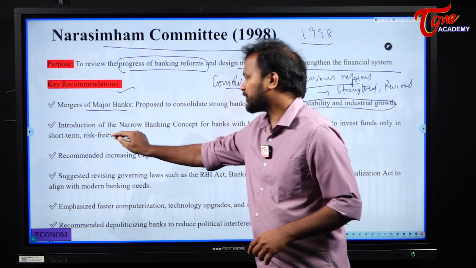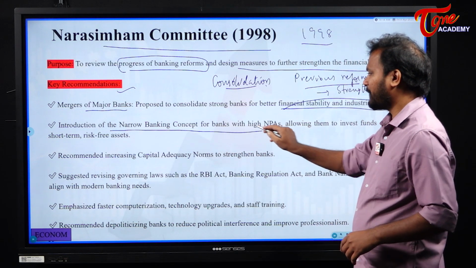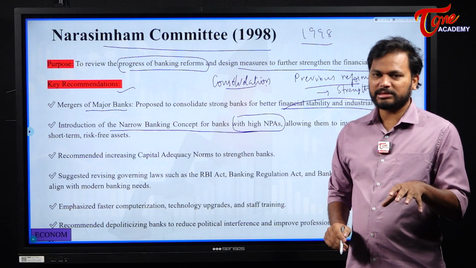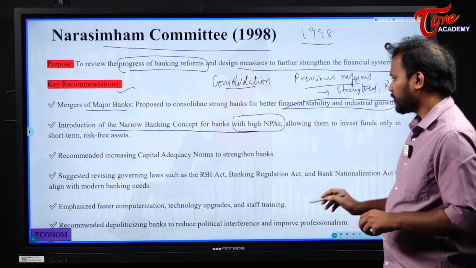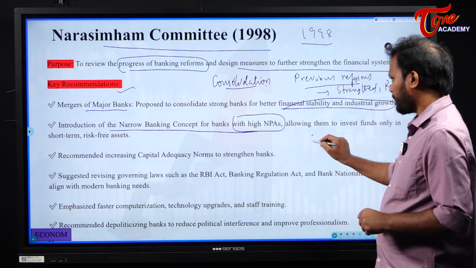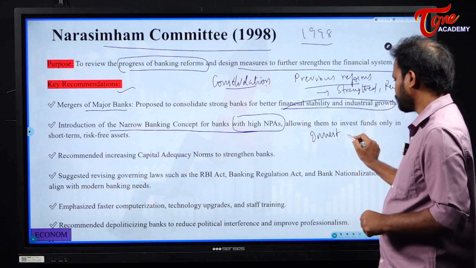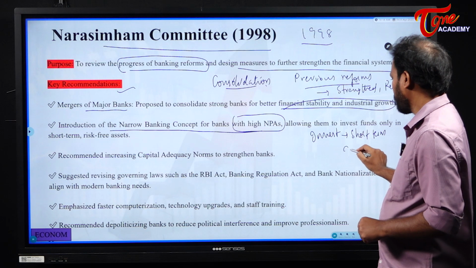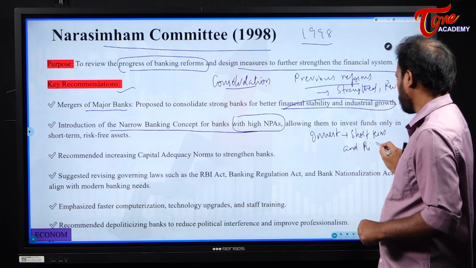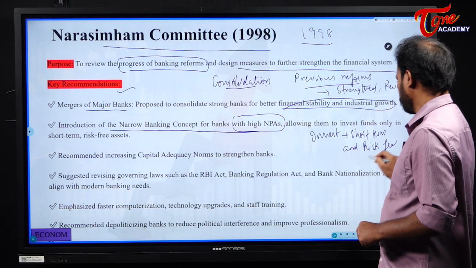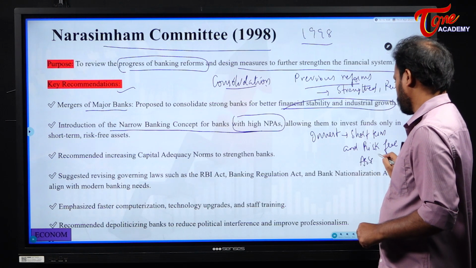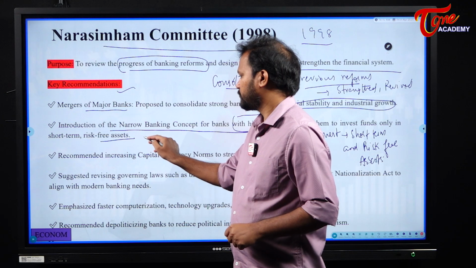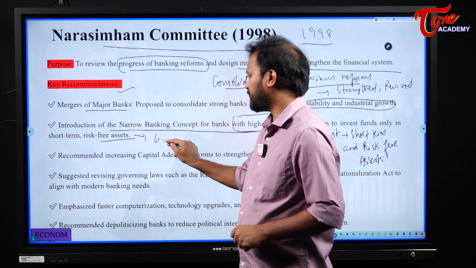Next, introduction of narrow banking concept for banks with high NPAs. Narrow banking is nothing but allowing the banks to invest in short term and risk-free assets, the assets which are not long-term in nature.